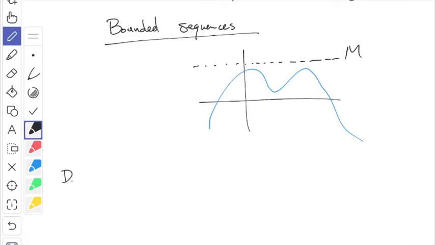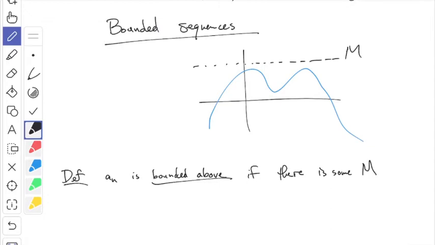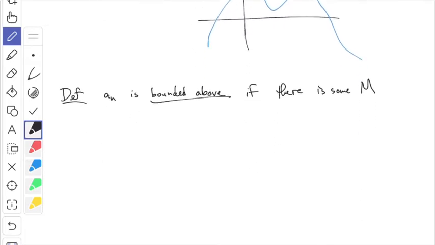So here I'm going to write my definition. We say that a sequence a_n is bounded above if there is some real number, which I'll write as a big M, and you imagine the big M is like a really big number, although it might not have to be, such that the sequence is always less than the big M, for every n.